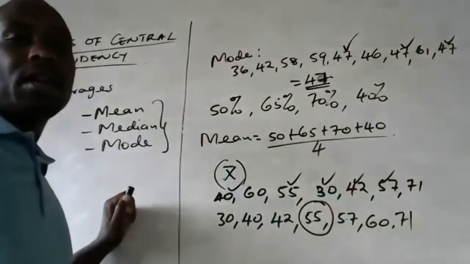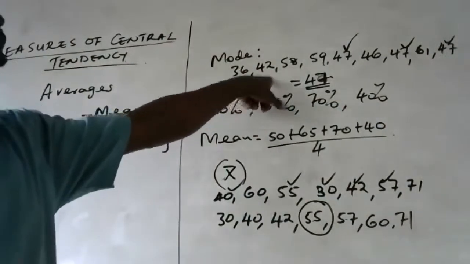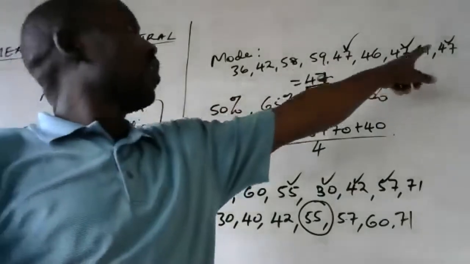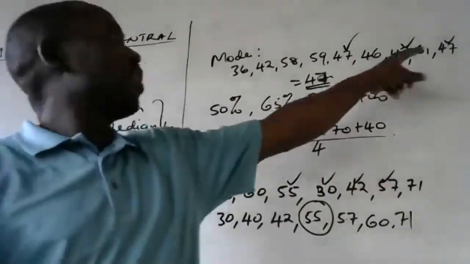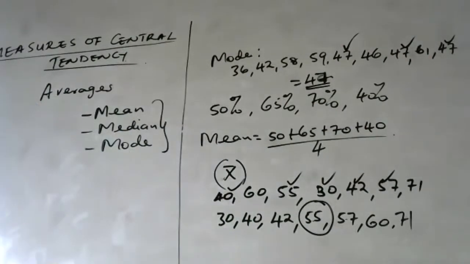It has been repeated 3 times. And when you look at the others, this one appears once, this one, this one, that one. Because 47 is the one that is appearing the most number of times, the mode is 47. So mode is basically the value that is most repeated. Okay?